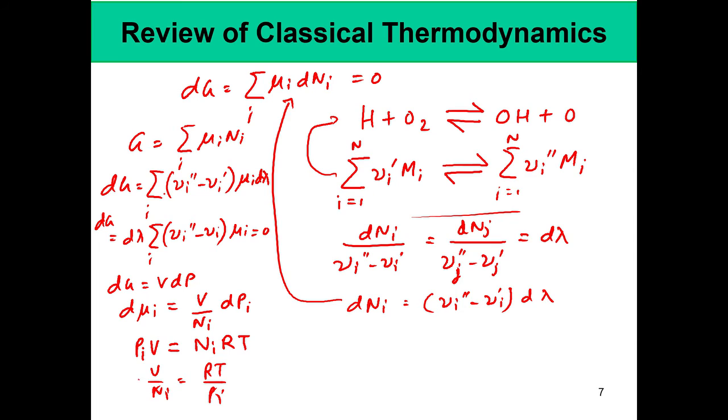Substituting this here we get d mu i is equal to RT dPi by Pi, and now we can integrate on both sides from a given reference state Pi 0.